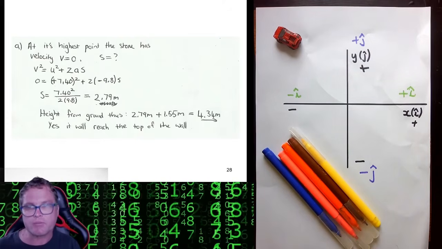This means that we can make use of this expression here, and v squared will be 0. We're given the initial velocity. We know acceleration is minus 9.8 meters per second squared. So we can substitute these values in, and then we can calculate the distance s as 2.79 meters.